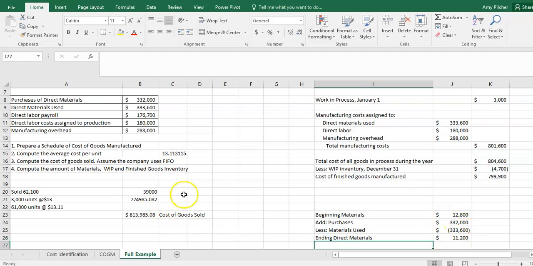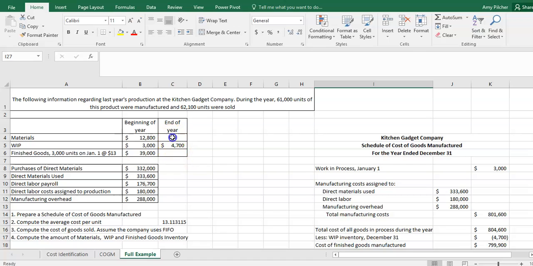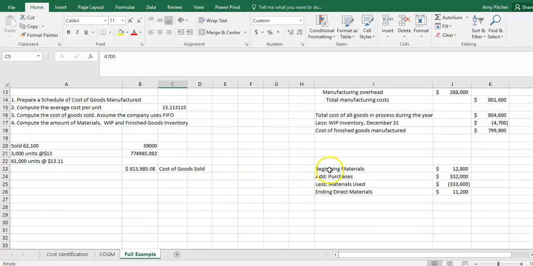So we have $11,200 at the end of the year for direct materials.